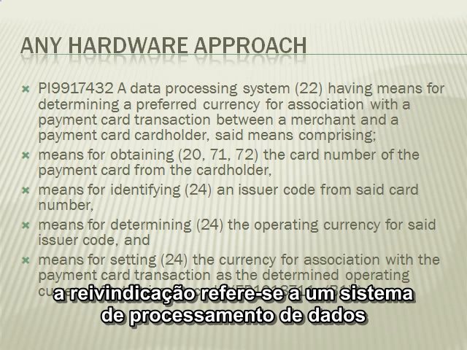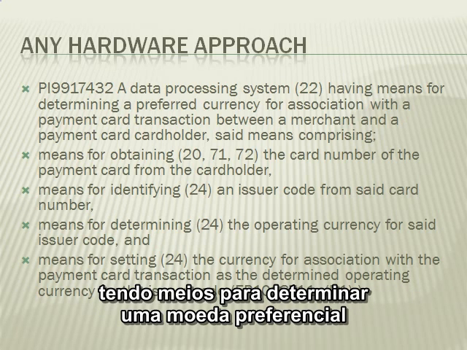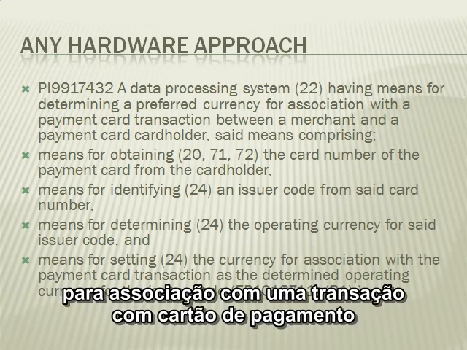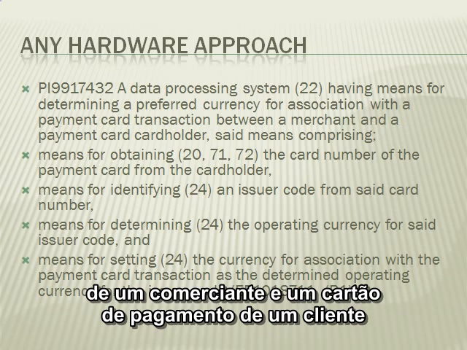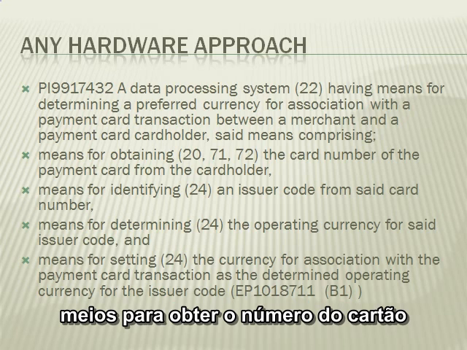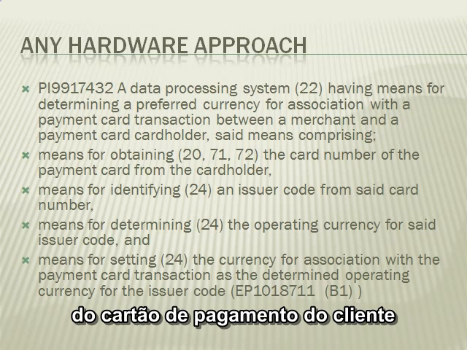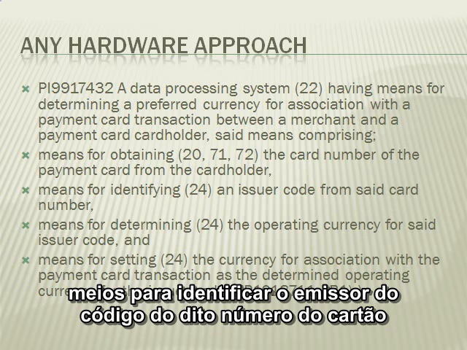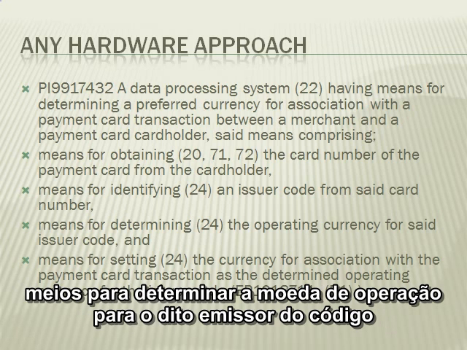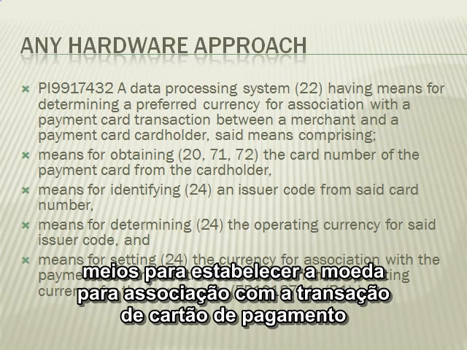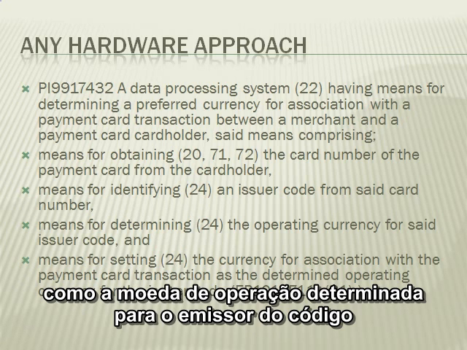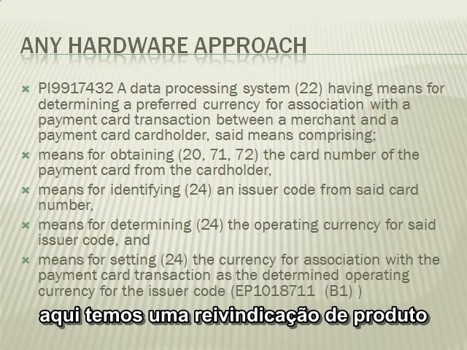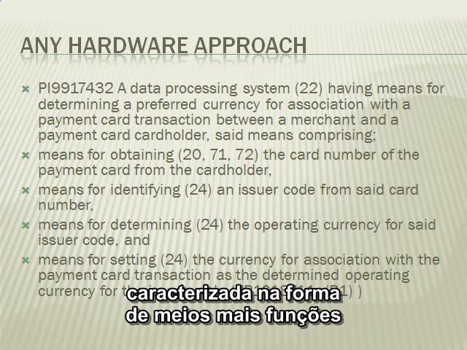This claims a data processing system having means for determining a preferred currency for association with a payment card transaction between a merchant and a payment cardholder, said means comprising means for obtaining the card number of the payment card from the cardholder, means for identifying an issuer code from said card number, means for determining the operating currency for said issuer code, means for setting the currency for association with payment card transactions as the operating currency for the issuer code. So we have a product claim characterized by means plus function.